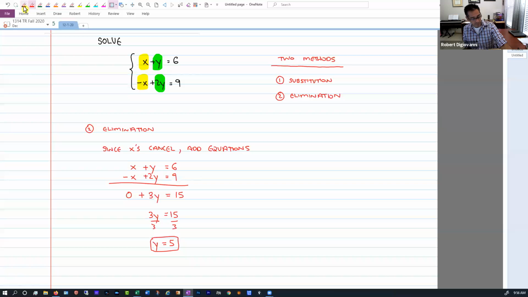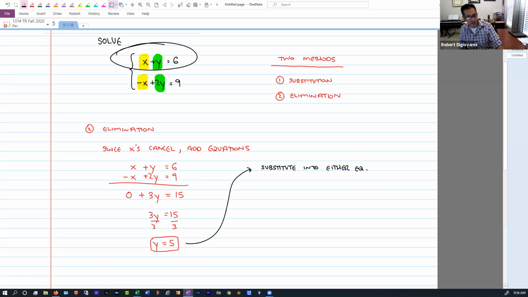What you do now is take this answer and substitute it into either of the equations that we started with. So you get to pick. Go back to the original problem. You can either pick the top one or the bottom one and just plug in y.